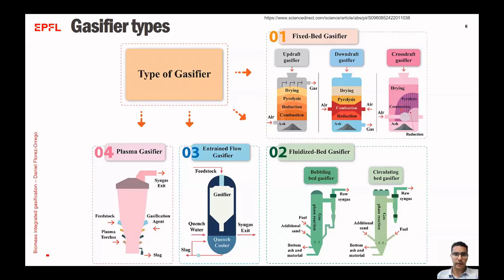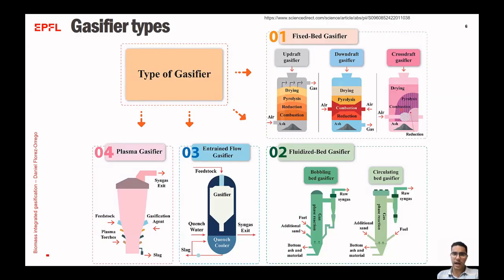Different types of gasifiers are available: the fixed bed gasifiers, plasma gasifiers, entrained flow gasifiers, and fluidized bed gasifiers. In the case of the fixed bed gasifiers, which can be updraft, downdraft, or cross-draft, the biomass is fed in the top of the gasifier, and then it goes down through the different steps of the gasification process that we mentioned: drying, pyrolysis, reduction, combustion, and finally the ash separation.